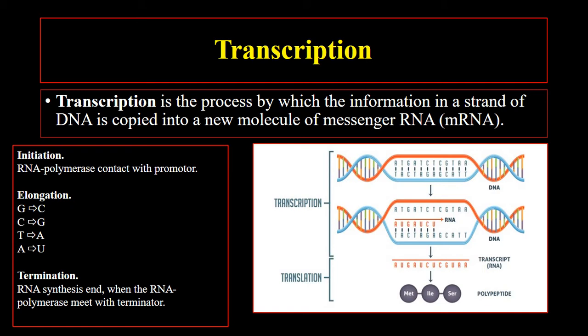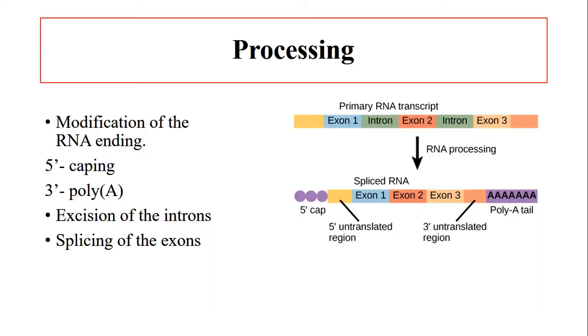And the last stage of transcription is called termination. When RNA polymerase reaches a specific DNA sequence which terminates transcription, RNA polymerase detaches and pre-mRNA synthesis is complete. And after that, processing occurs. Once transcription is complete, the pre-mRNA molecule undergoes post-transcriptional modification to produce a mature mRNA molecule.